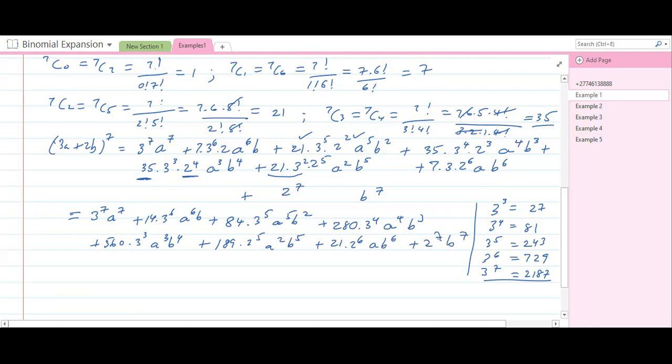Guys, if you have a calculator, you can just work out all these coefficients, right? So you can leave your answer in this form, right?